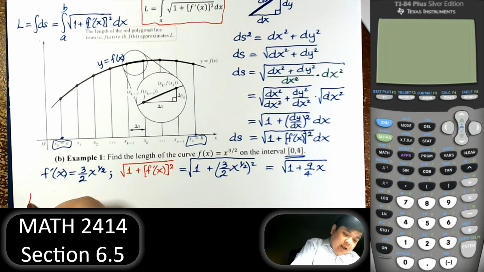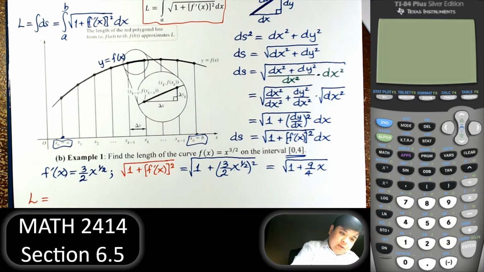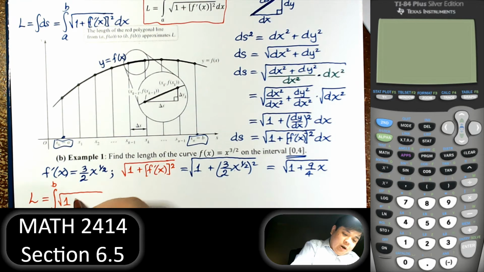Bottom line is the length is equal to the integral. I just write the formula first. A to b, the square root of 1 plus derivative squared.